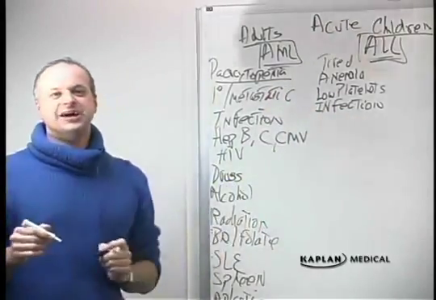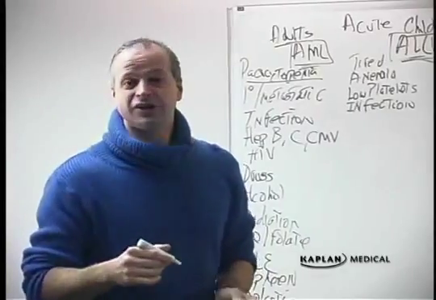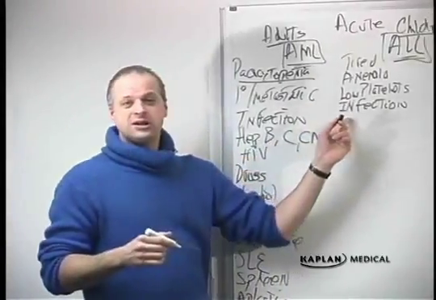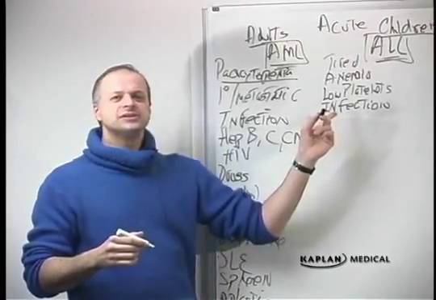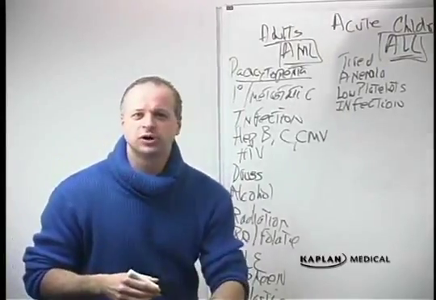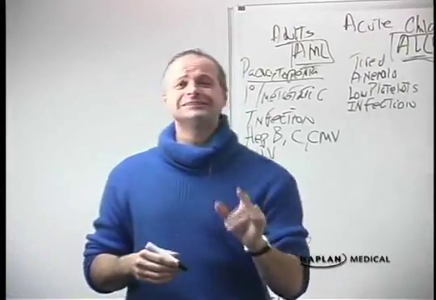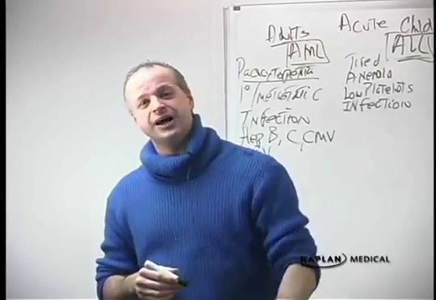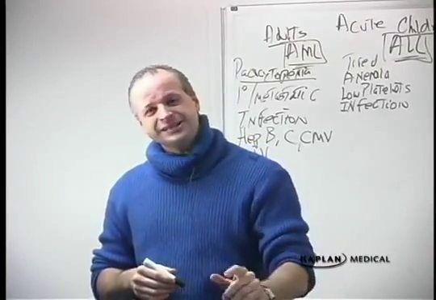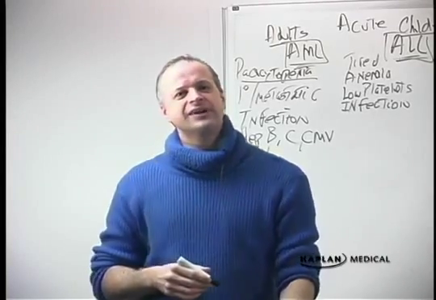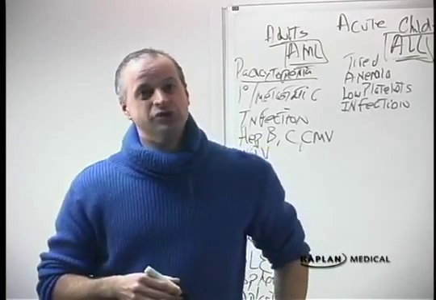The white cells do not function because they don't degranulate. You can have all the white cells you want in the world, but if they don't release the content of their granules, you might as well not have them. White cells that don't release their granules is like having a gun where the bullets don't fire.